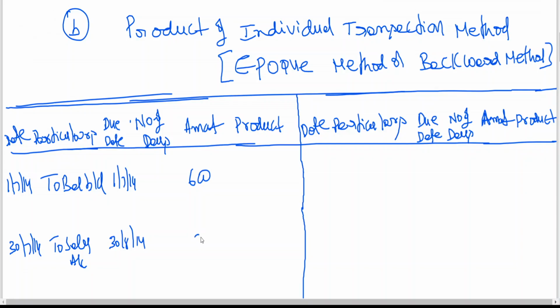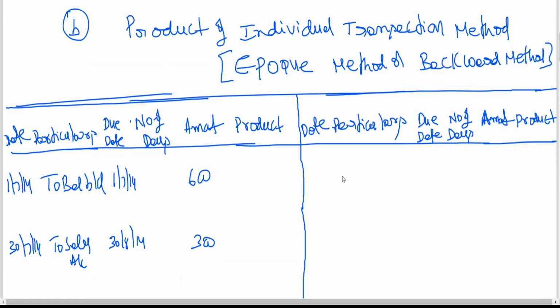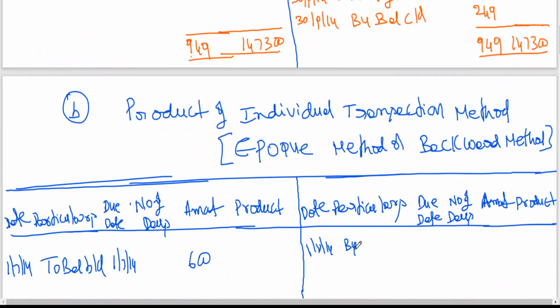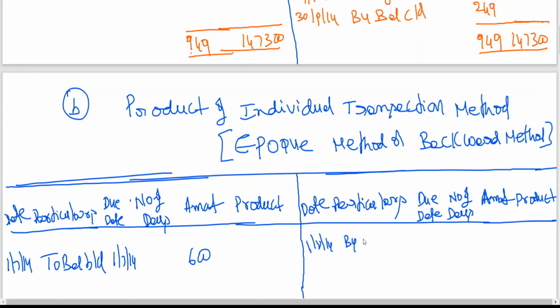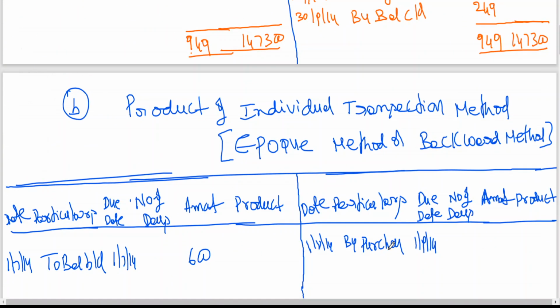Amount is 300. This is also completed. Next, come back to credit side, 1st August 14, by purchases, for September 14, amount is 200 rupees.